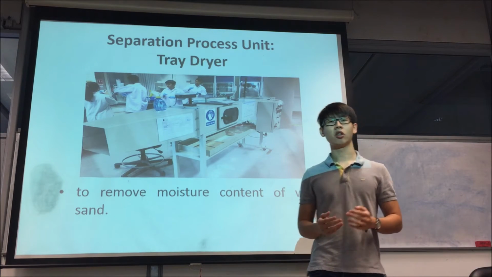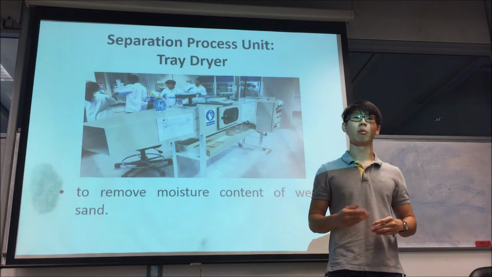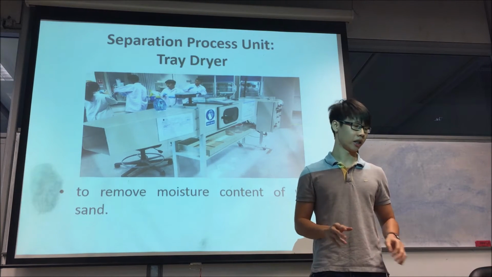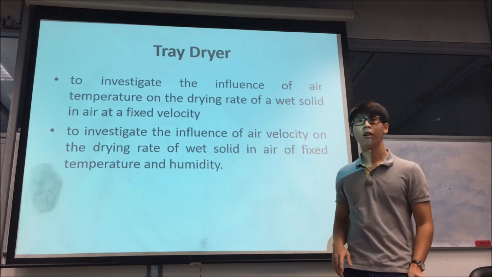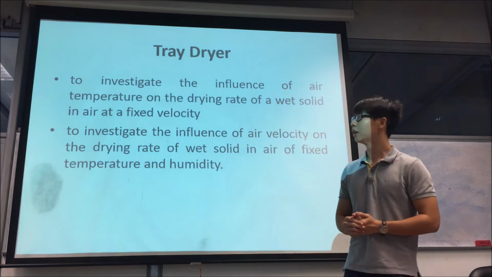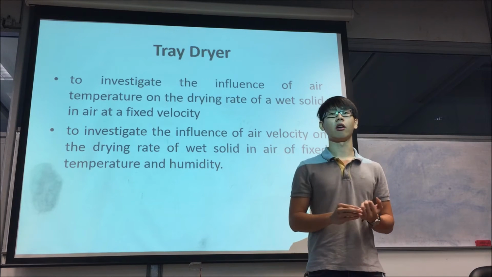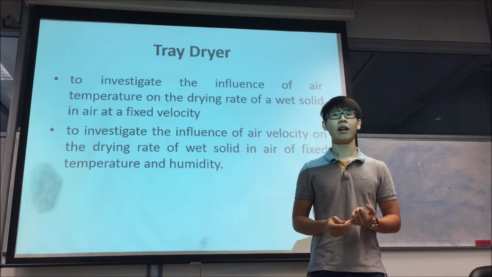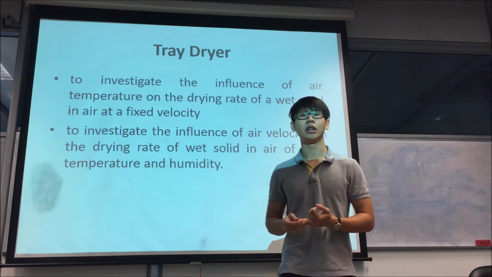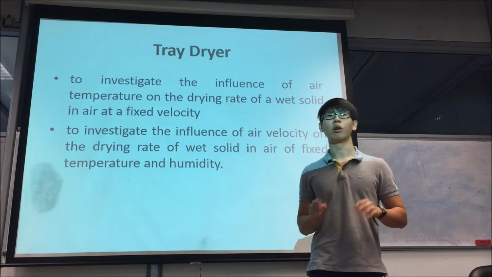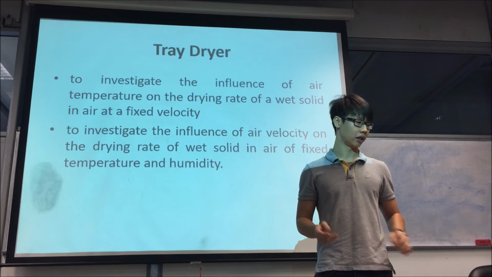Its main purpose in our experiment is to remove the moisture content of the wet sand. There are two objectives: the influence of air temperature at constant air velocity, and the influence of air velocity at fixed temperature and humidity, which will affect the drying rate of the wet solid.